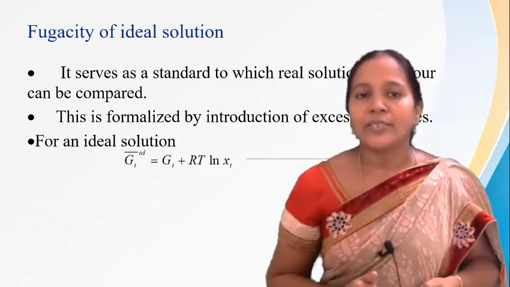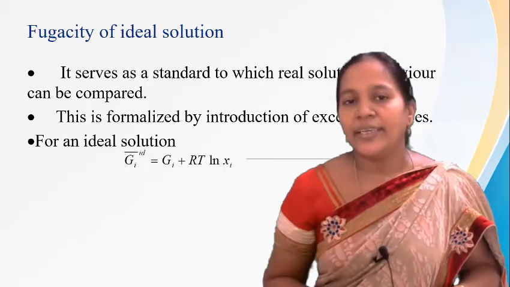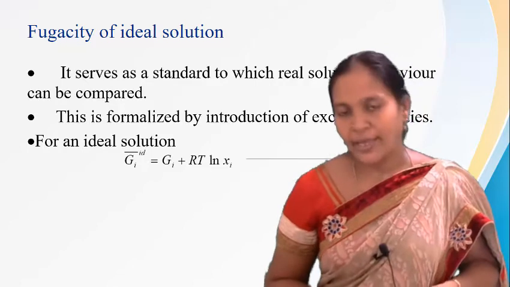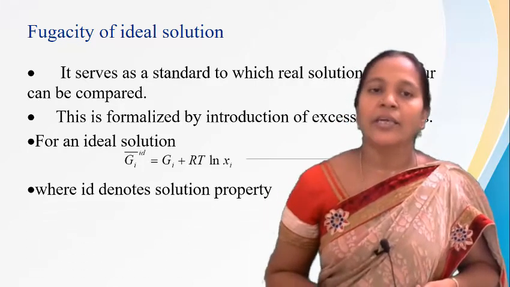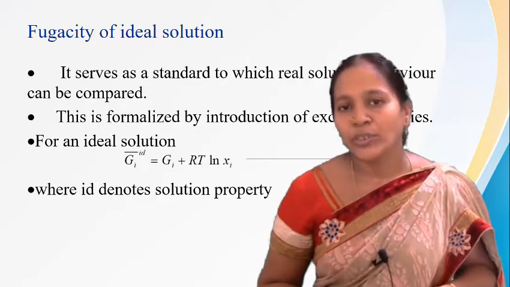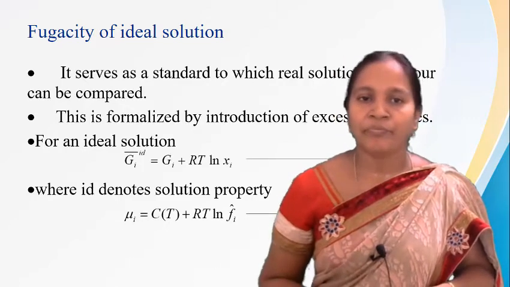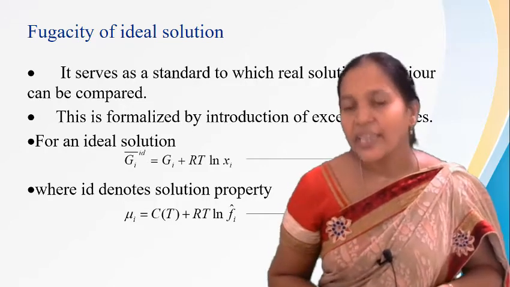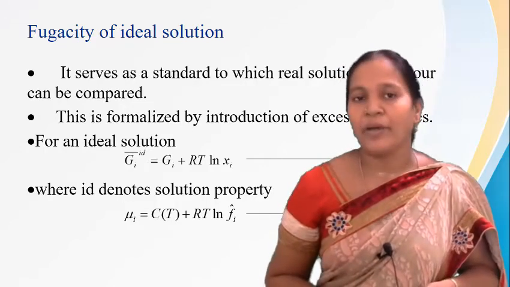For an ideal solution, G bar i ID is equal to Gi plus RT ln Xi. That is noted as equation 1. Here ID denotes ideal solution property. Mu i is equal to C of T plus RT ln Fi cap.